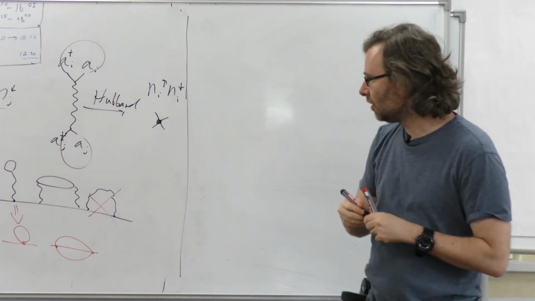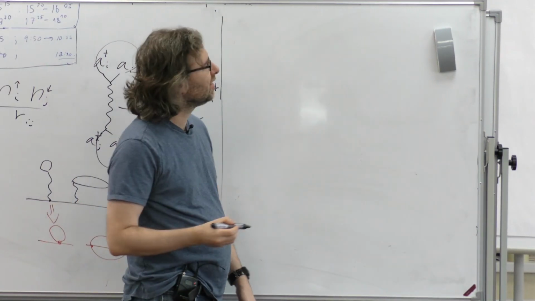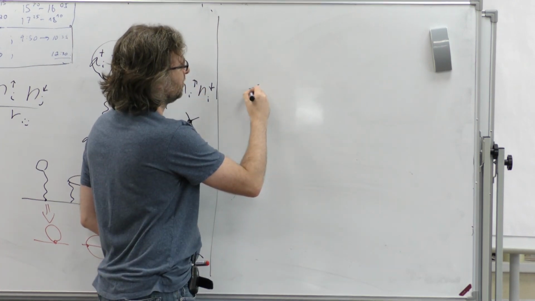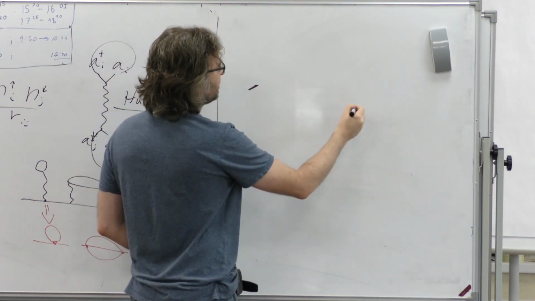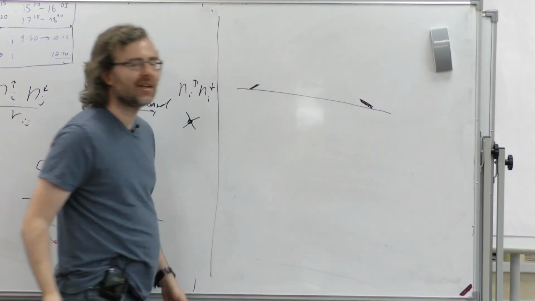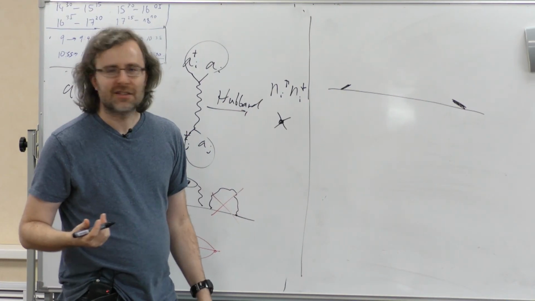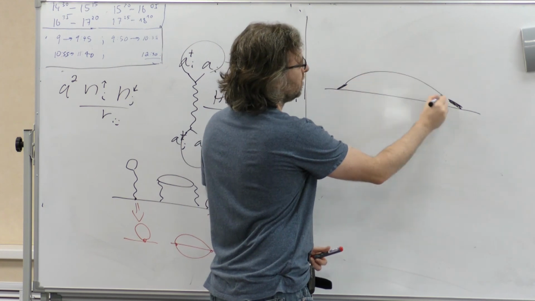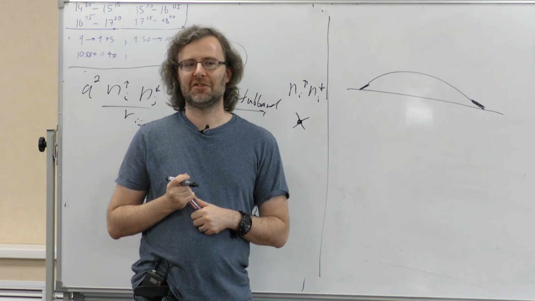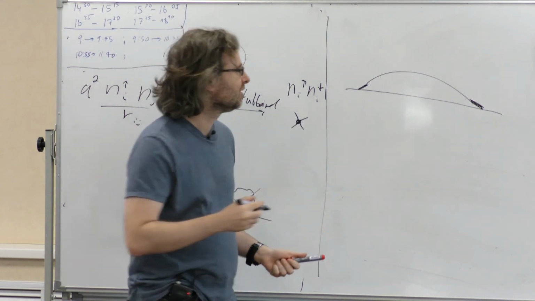Any Green's function diagram needs to have some sort of entry point, I can draw it like this, some sort of exit point on my timeline. They don't have to be in the beginning or the end, right? And well, this object is just a non-interacting Green's function. So that's the order 0 contribution to the interacting Green's function.